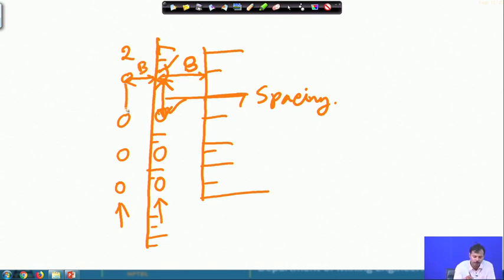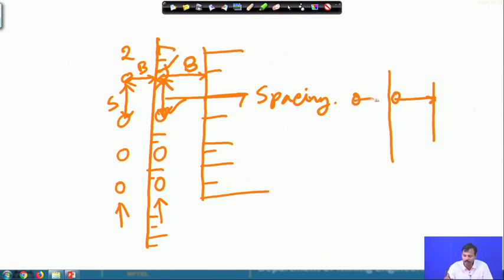Similarly, the spacing will be this one. So, always the burden is the distance from the free face to the hole, or the new face created for the second row, to the second hole position. So, these are the burdens and the spacings are the distance between 2 adjacent holes which does not show any resistance.